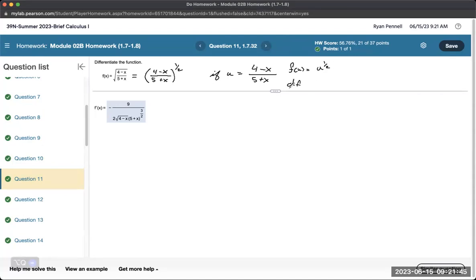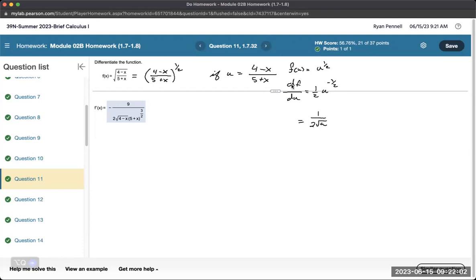So df du equals 1/2 u to the negative 1/2. And if you like to get fancy, square root of u, okay? So we've seen this before, but we need to remember to do that.